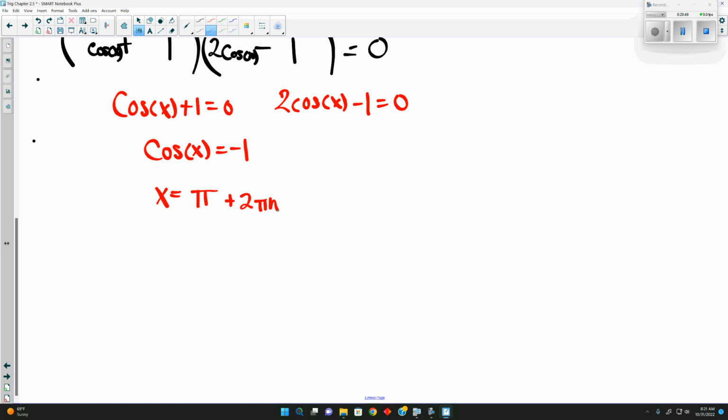Now on the other side, we'll need to add 1, telling us 2 cosine of x is equal to 1. And when we divide by 2, it'll tell us cosine of x is equal to 1/2.